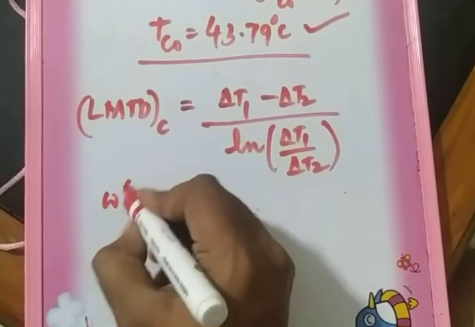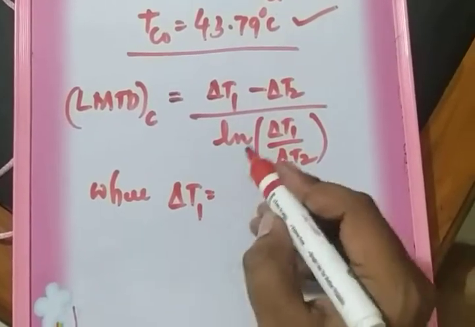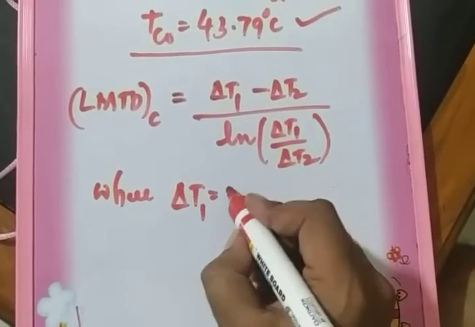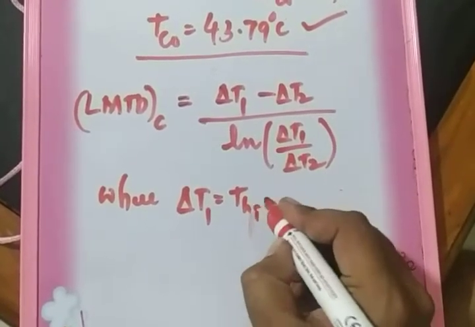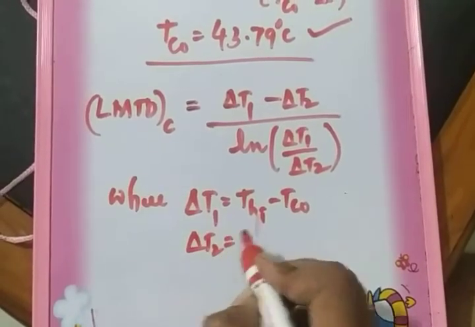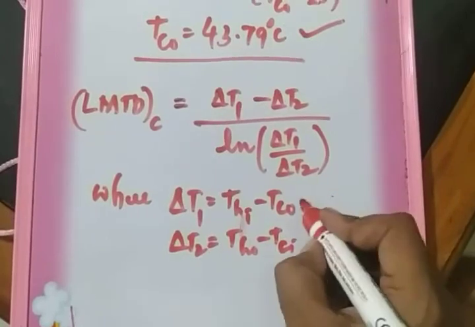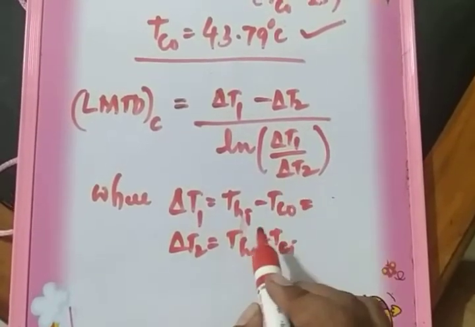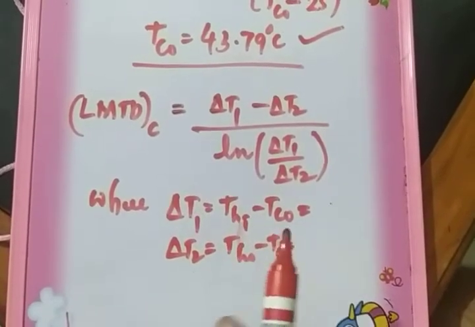What is delta T1 for this heat exchanger? Delta T1 here is THI minus TCO, and delta T2 is THO minus TCI. Since all temperatures are known to you, you can substitute.